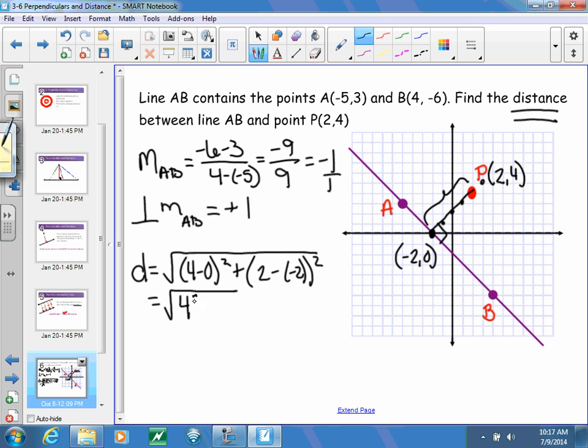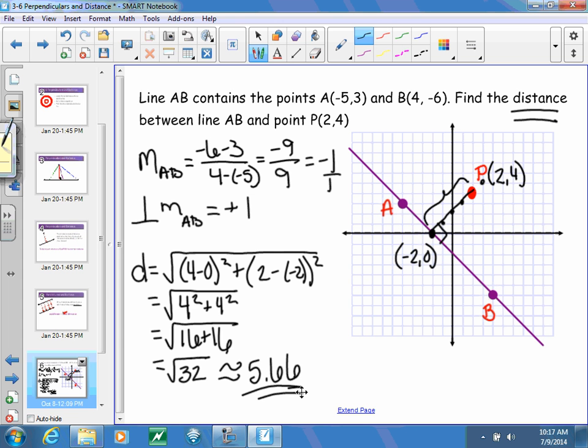So I'm going to take 4 squared plus another 4 squared. And so 16 plus 16 gives me the square root of 32, which is the exact measure. And if I wanted to find the approximate measure, we would have 5.66. And there's our approximate distance from point P to line AB.